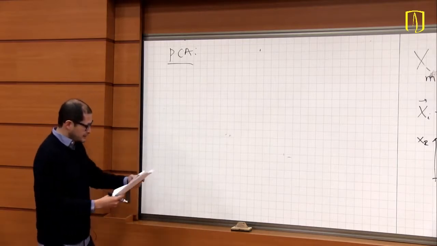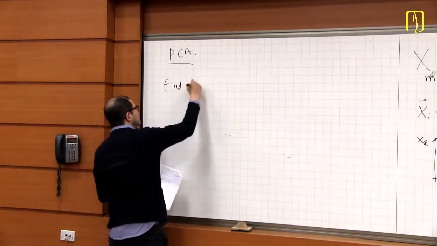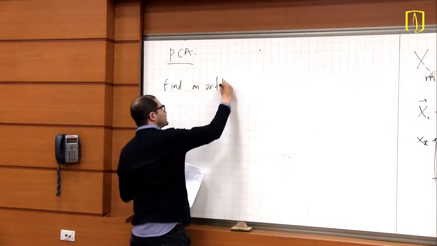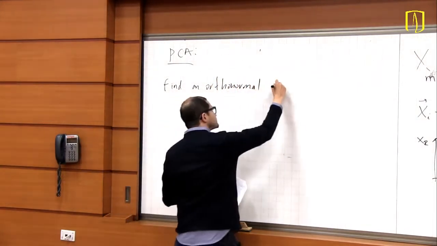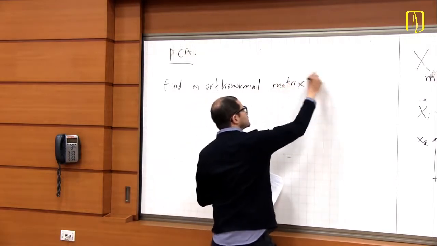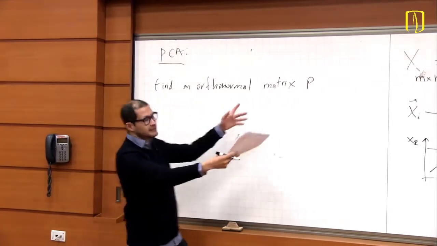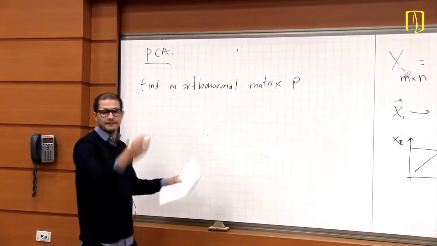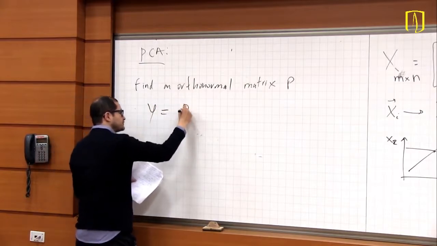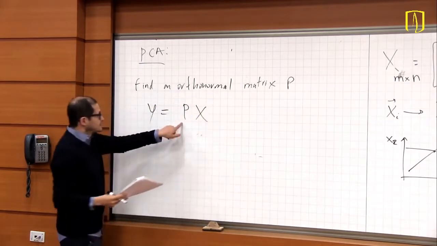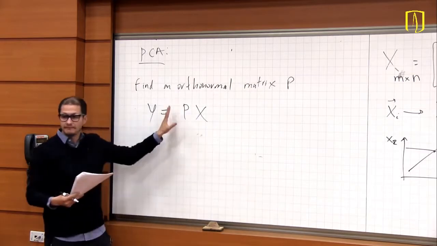The idea is the following. We want to find an orthonormal matrix P such that it rotates these vectors x into vectors y, so that there's a linear relation between the two: y equals Px.